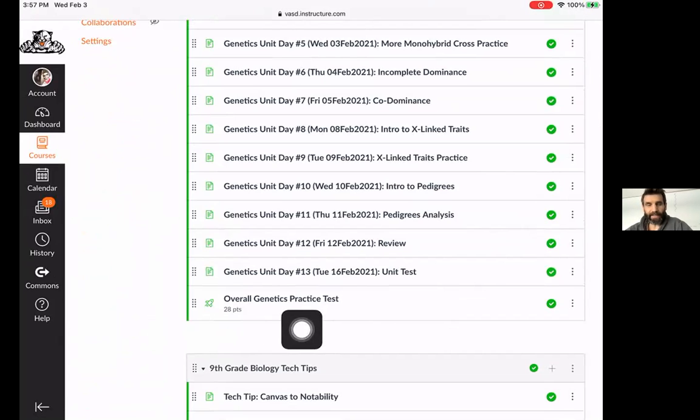Now you can take this as many times as you want and see how you're doing. And you don't have to finish it. So far we've done the first 2 sections or so, so you can kind of just get a sense of what you know so far. And if you continue to take the test, you can see what lies ahead.